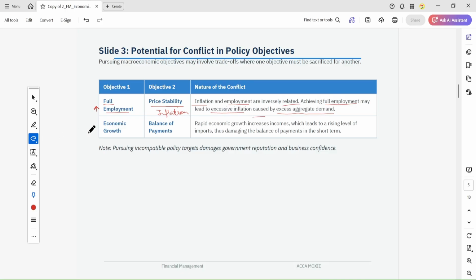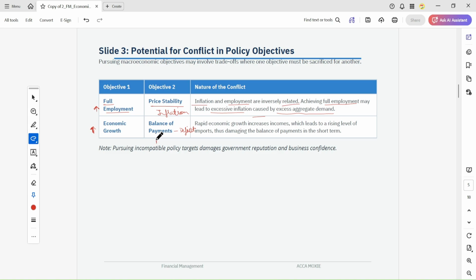Okay. Next is economic growth. When we increase the economic growth, when the economy is growing, what happens? The balance of payment deficit will increase. Okay, balance of payment deficit will increase. What does it mean?